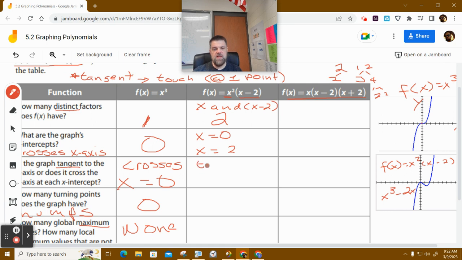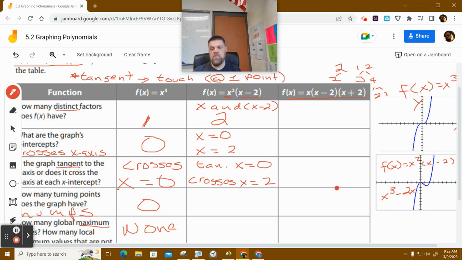Well, it's tangent when x equals 0. Remember I said tangent means it touches? If we look at the graph, it doesn't cross the x-axis. It just touches right there at x equals 0, doesn't it? It doesn't cross all the way through to the other side. It just touches there. But it crosses at x equals 2. Okay?